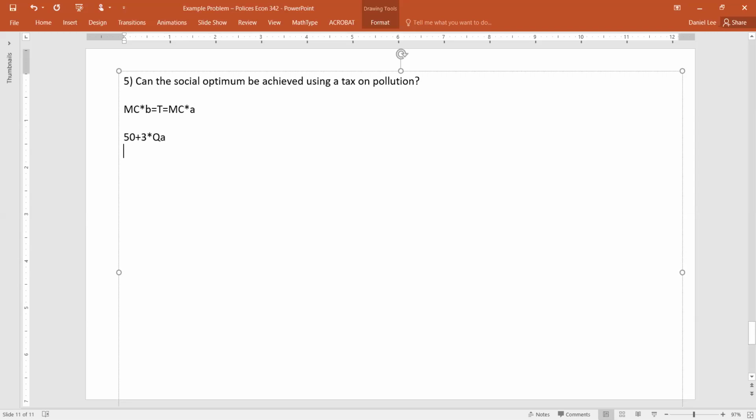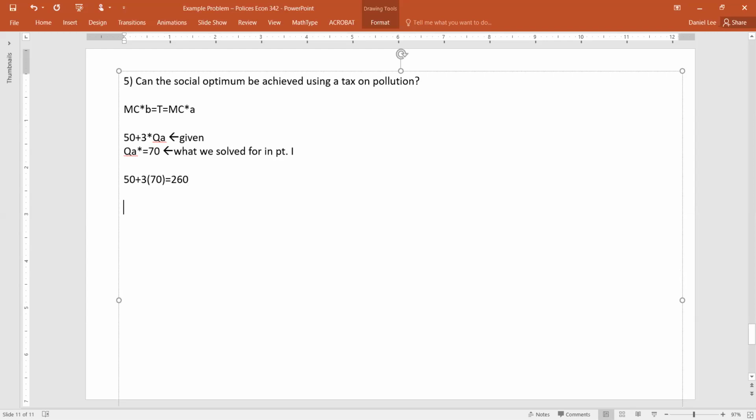We were also given QA star is 70. This top equation is given information from the problem. This is what we solved for in part 1. Putting those two together, 50 plus 3 times 70, that's 260.